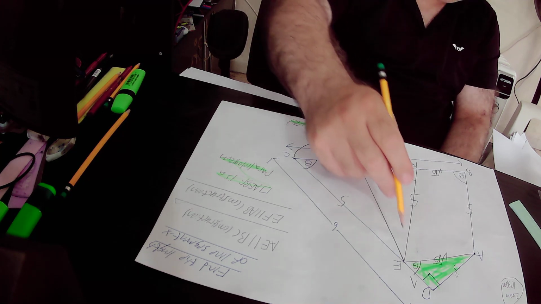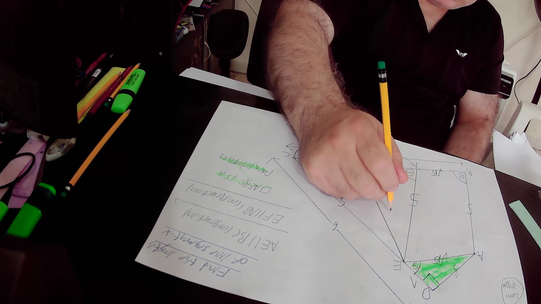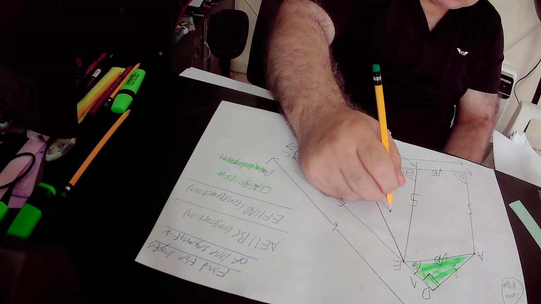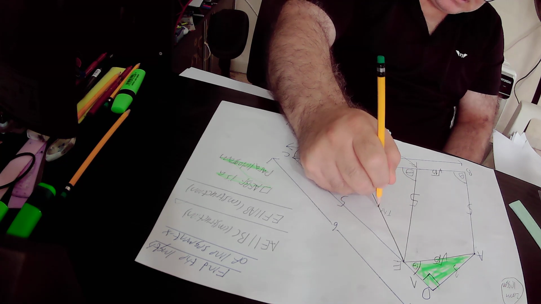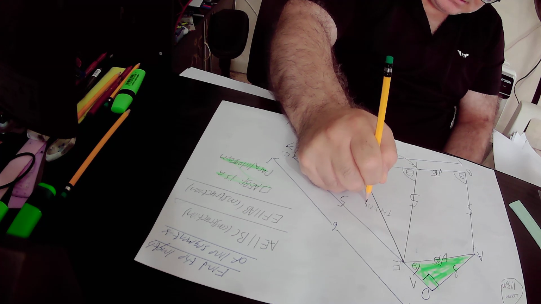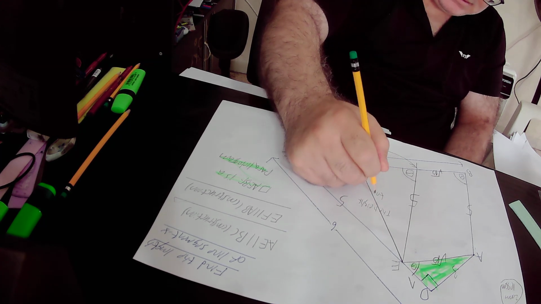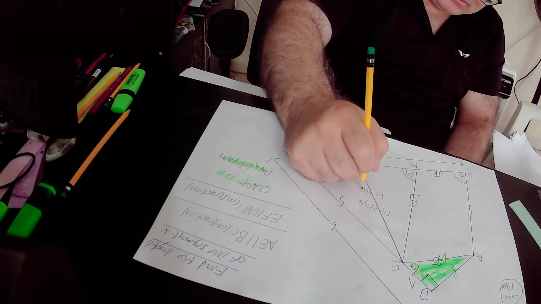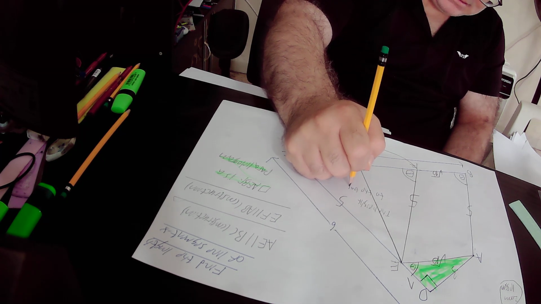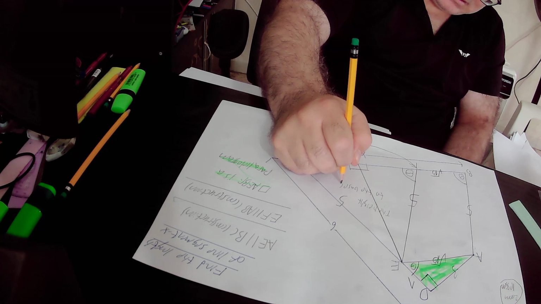So write it down. EM is the height to the base FC.